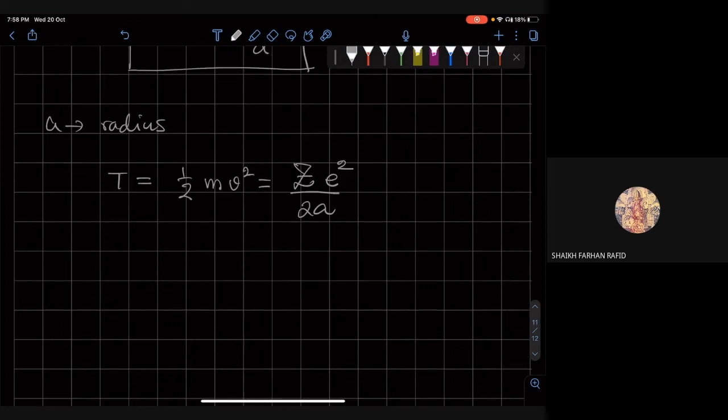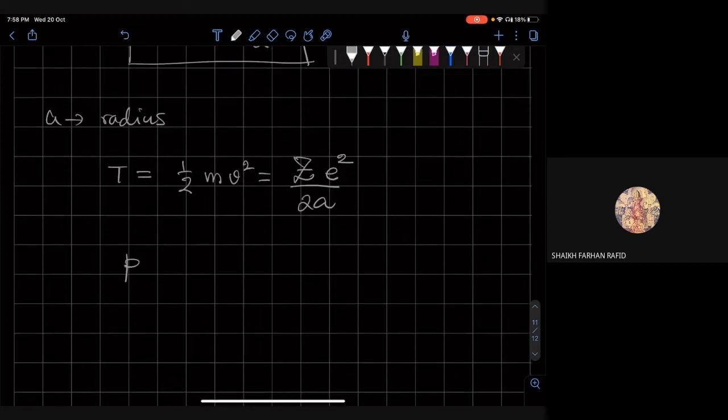Now we come to the angular momentum. The angular momentum p phi is simply mva, right? This is P, the linear momentum, and this is R, right? So that is basically our angular momentum for circular orbits.